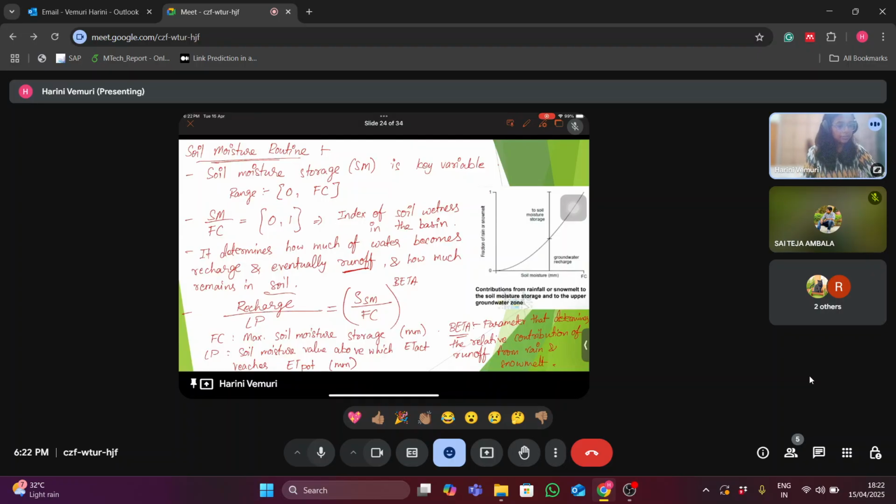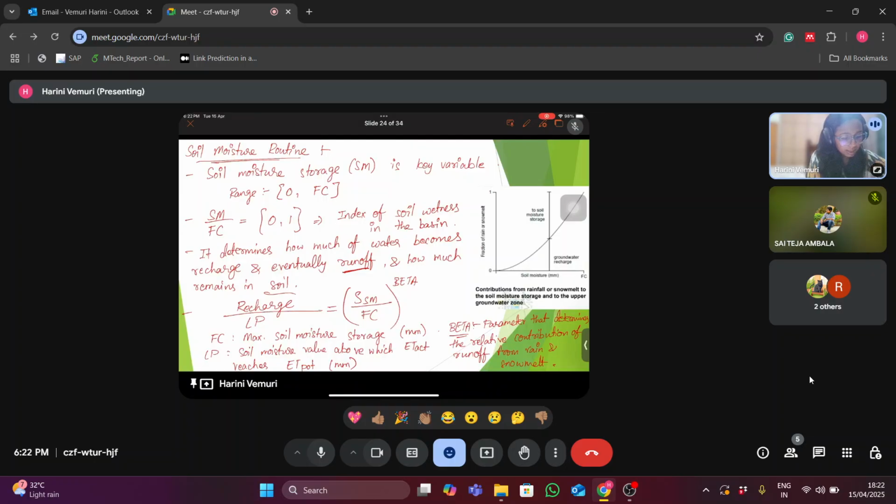Okay, so if you see this figure, the y-axis is the fraction of rain and snowmelt, and the x-axis is soil moisture. Based on the soil moisture values, we will know how much contribution of rainfall or snowmelt is going to soil moisture storage or upper groundwater recharge.